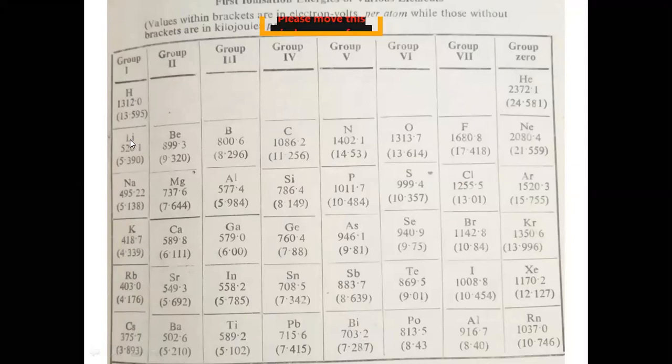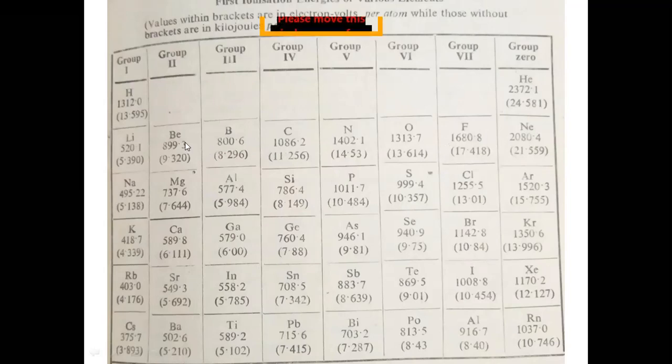Now look here, when you move along the period, the size decreases. You know the reason for the decrease in the size. As the size decreases, the outermost electron comes closer to the nucleus. Therefore, more energy has to be spent to remove the electron.